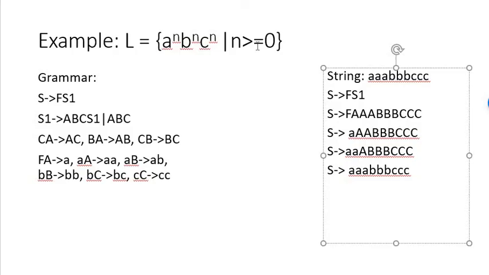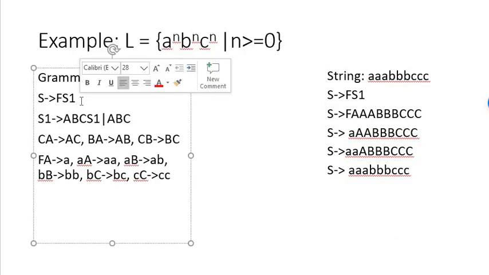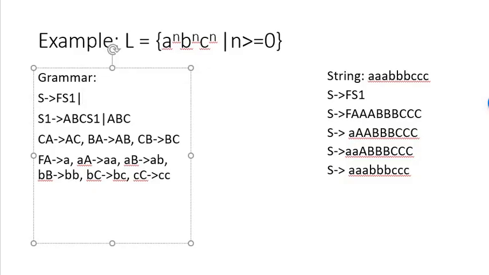Okay, one string is left. We will be able to generate all combinations of this ABC string, but we will not be able to generate null from this grammar. So to generate null, I simply have to add one more production, S to null. That's it. Okay, so this is my grammar.